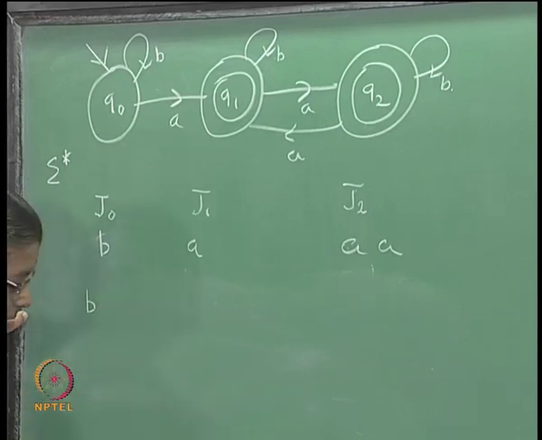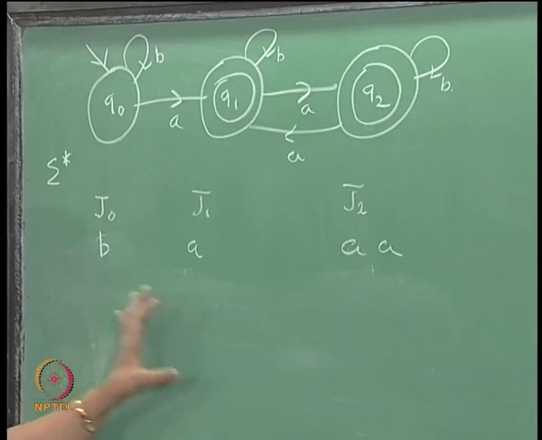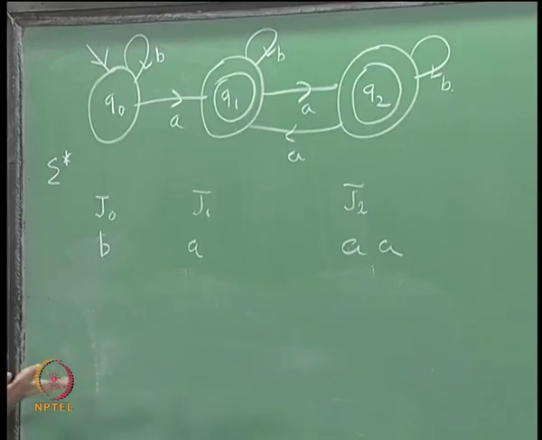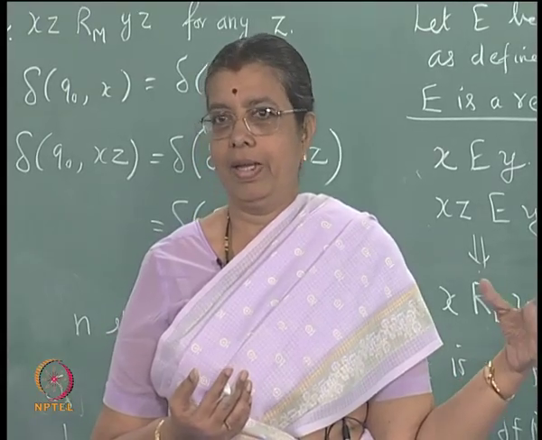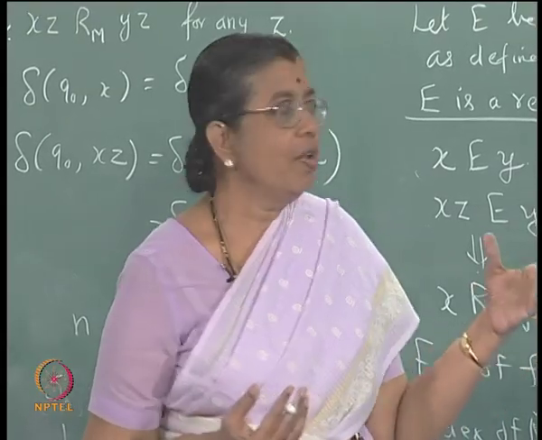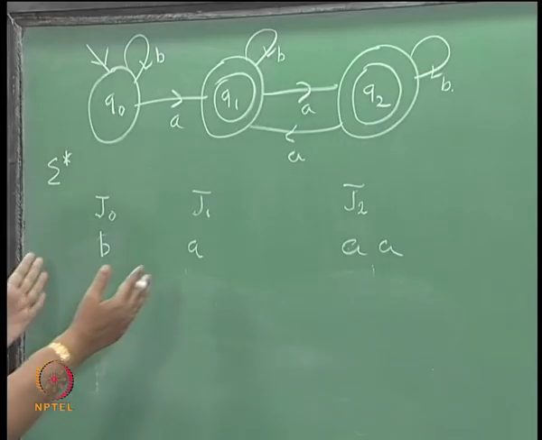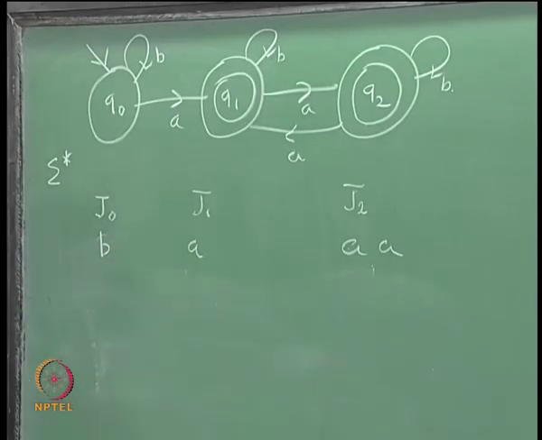See, RL has to be such that this is a refinement of it, I mean the equivalence classes, either you can have 3, 2 or 1. In RL the number of equivalence classes will not be more than this, it can be 3 or it can be 2 or it can be 1, right. So, you have to find out whether 2 of the equivalence classes can be grouped for RL, okay.